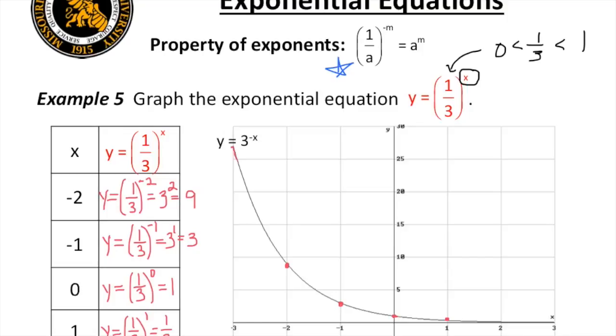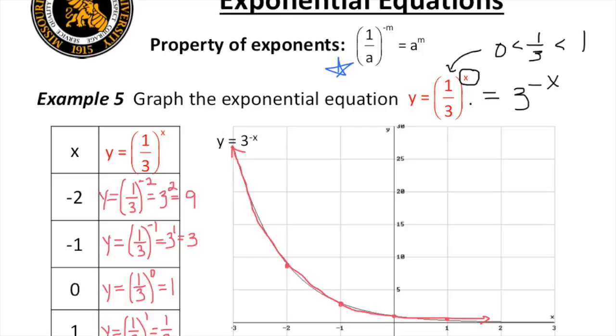In fact, every point on the graph of y equals 3 to the negative x is also on the graph of y equals 1/3 to the x power. This tells us that these two equations represent the same graph.